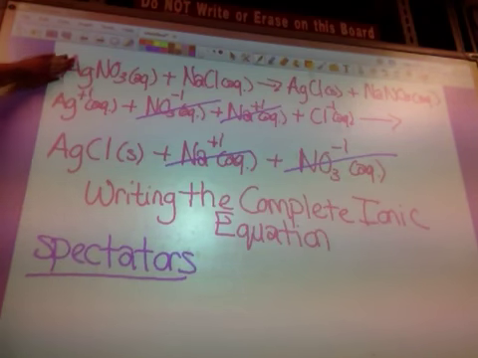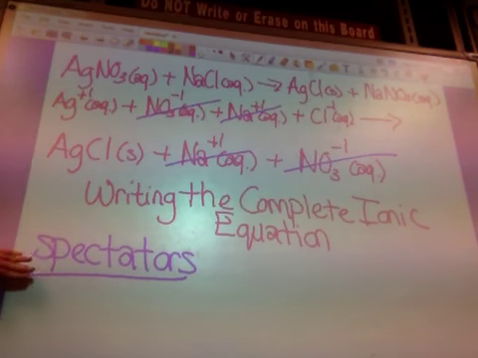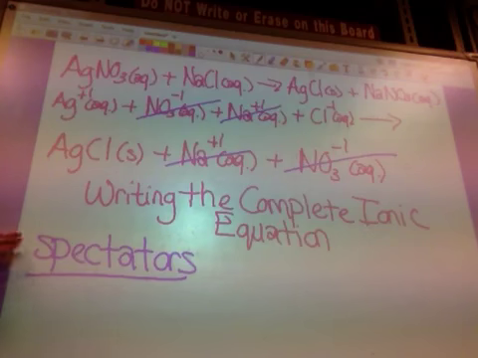So we had a reaction, we wrote our complete ionic equation. The next step we did was cancel out the exact same things, which is called spectator ions. Lastly, I'm just going to write out what I have left that I didn't cancel out.